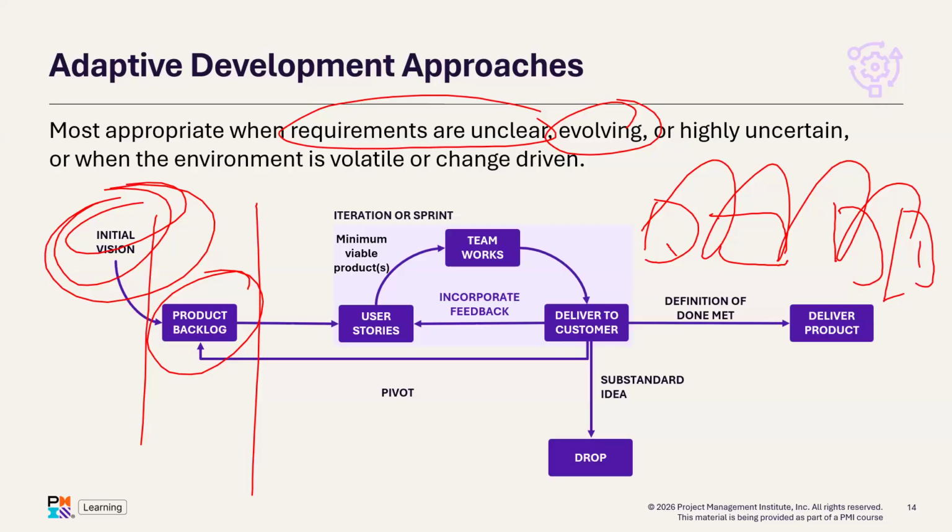Adding the features one at a time will be done within a time frame. The time frame it took for a feature to be built into that car, we want to call that iteration or sprint.